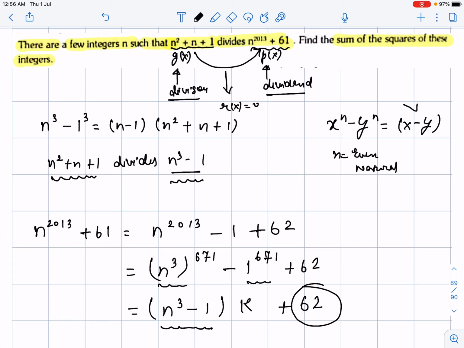That means if n is an even natural number, then x plus y and x minus y will both be factors of x power n minus y power n. But if it is an odd natural number, then x minus y only will be the factor of x power n minus y power n.